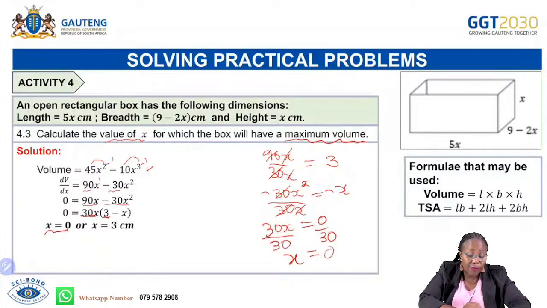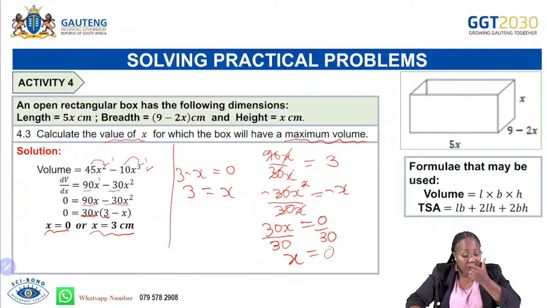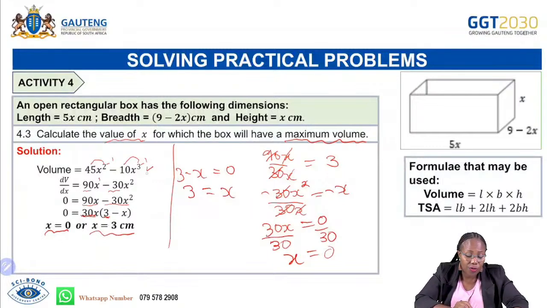Hence we have that first x being equal to 0. For the second bracket, you are taking 3 minus x equal to 0, then it will be x equal to 3. Hence, you have x equal to 3 centimeters for the second one. So when you look at the allocation of marks, it will be for the derivative, for letting the derivative equal to 0, and then for the factors and for your x values there.